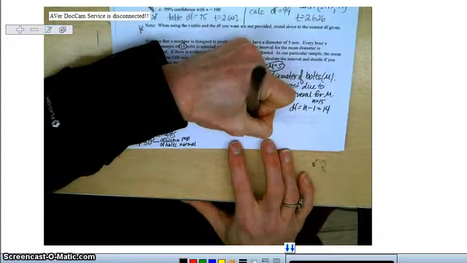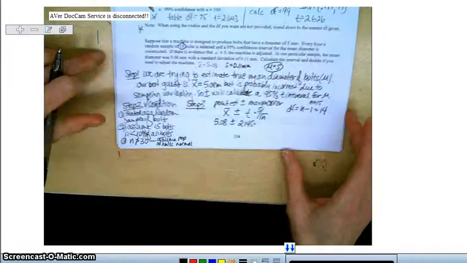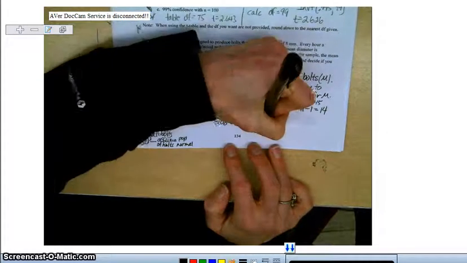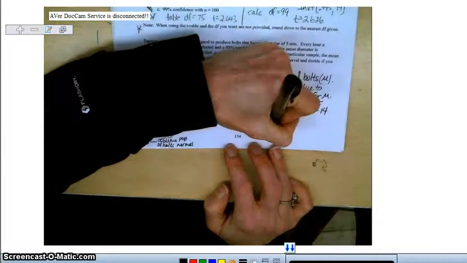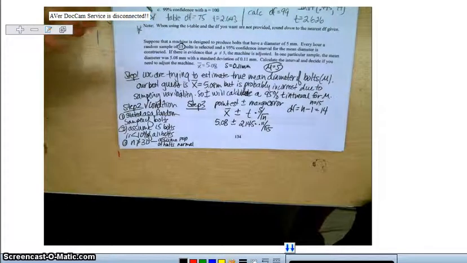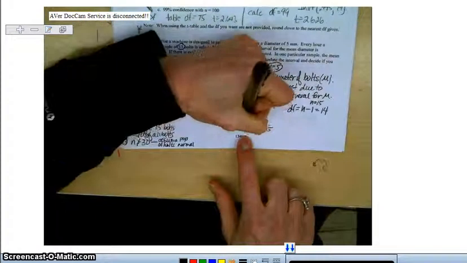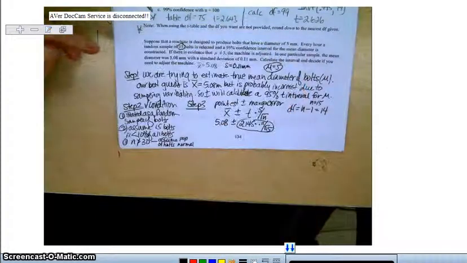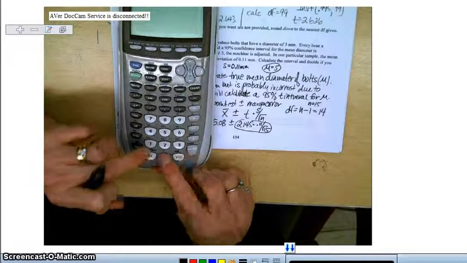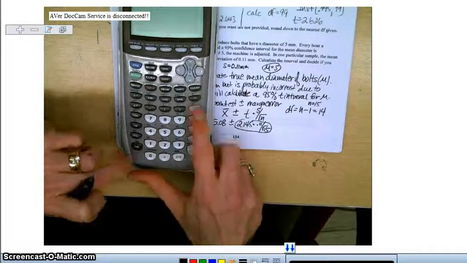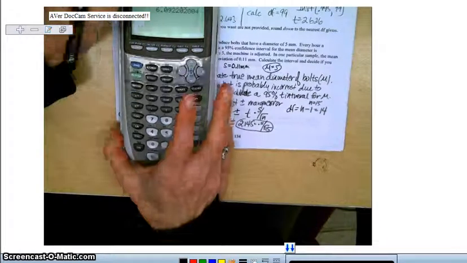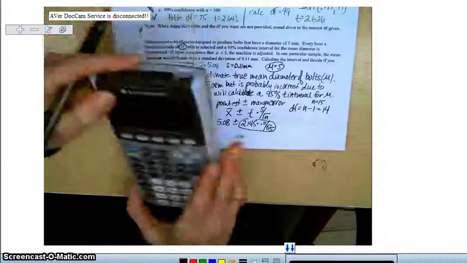So 2.145 times my sample standard deviation 0.11 divided by the square root of 15. We're going to take our t, 2.145 times 0.11, and divide by the square root of 15.